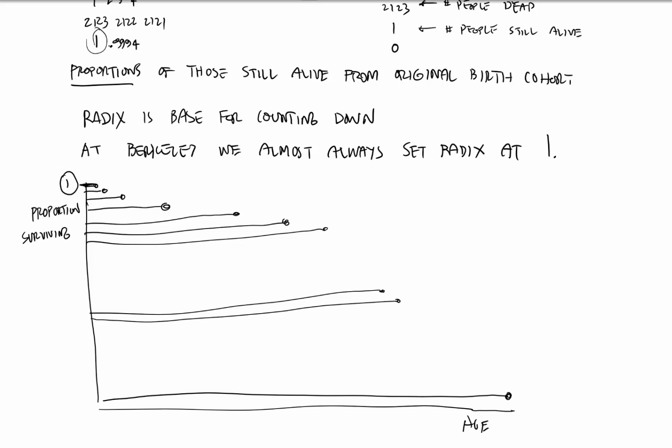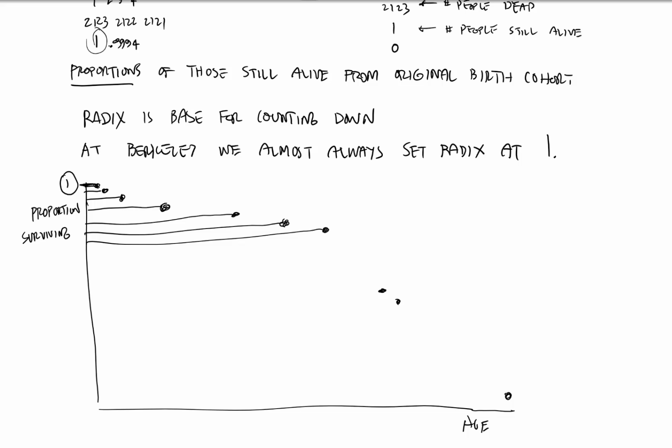It turns out that we hardly ever draw the full horizontal line. In fact, we typically just keep those little dots and then we ignore the lines. Okay.